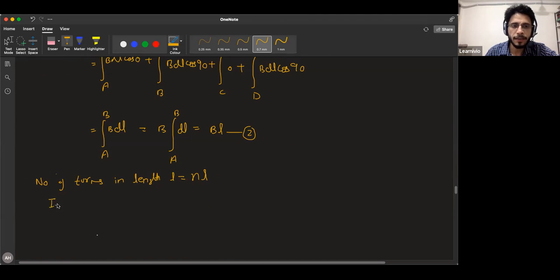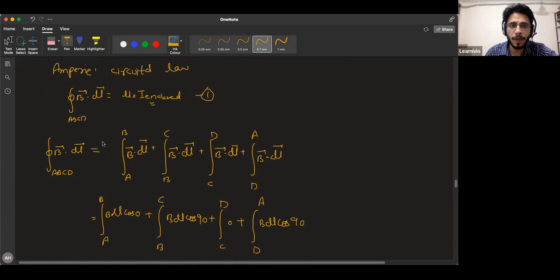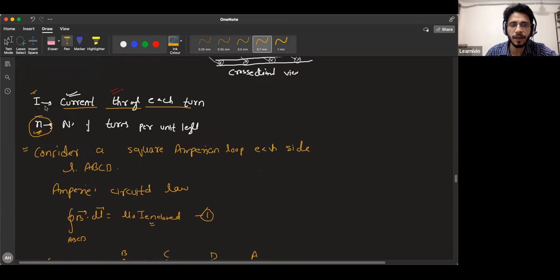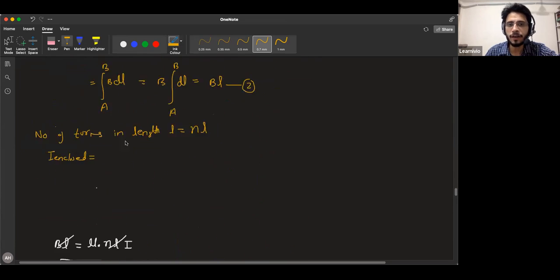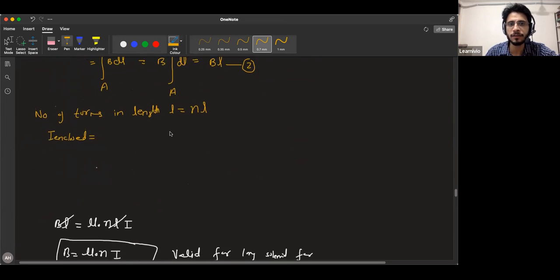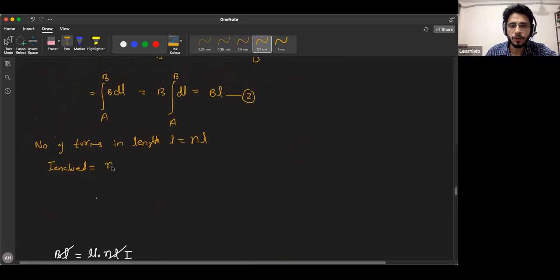Your I enclosed would be: current passing through a single turn is I, and you need the current which passes through these nL turns. So your I enclosed will be nLI. This is equation number 3.